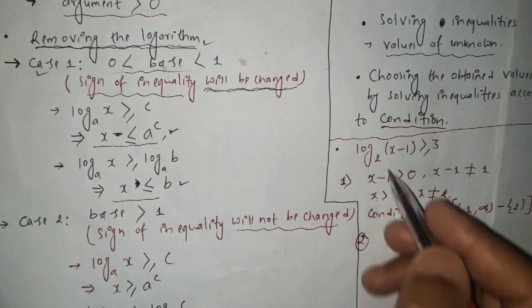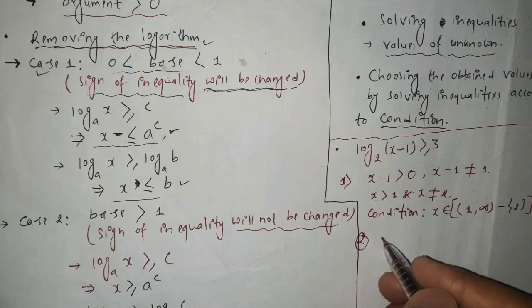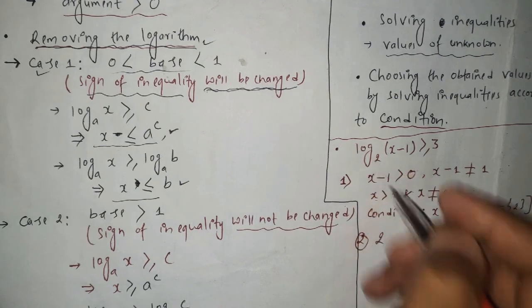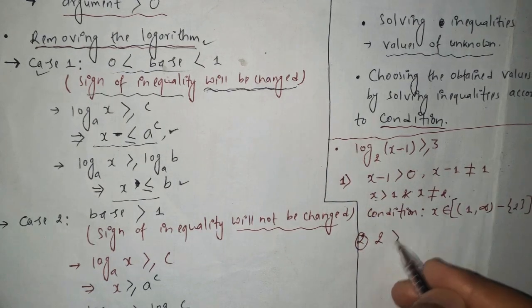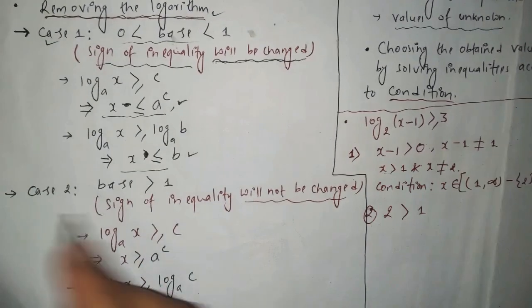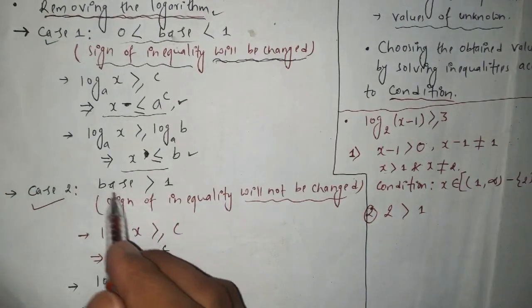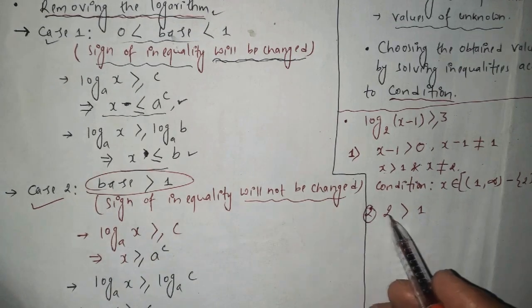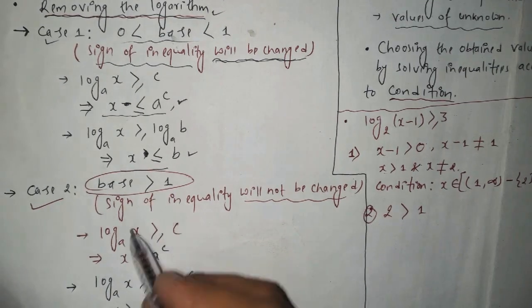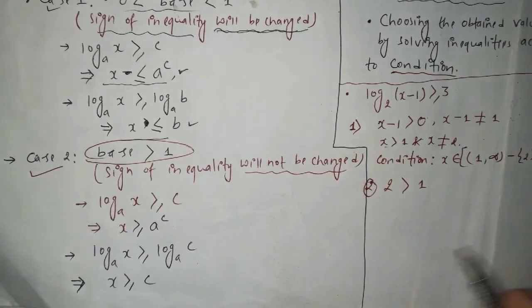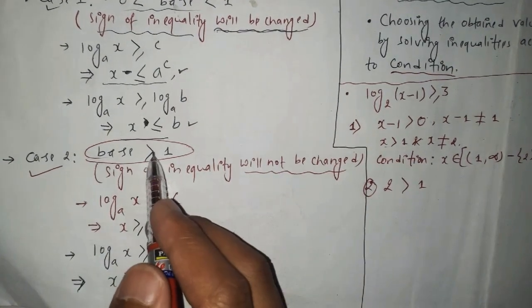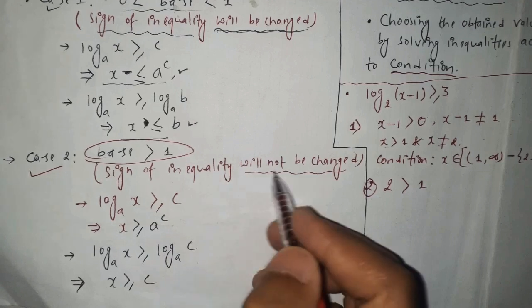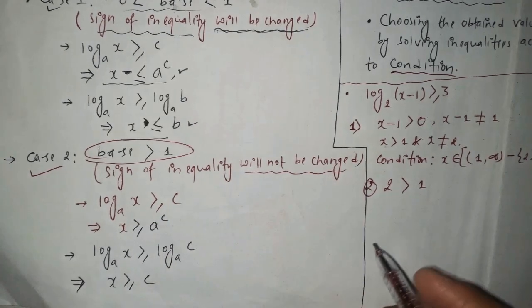Here the base of the logarithm is 2, which is greater than 1, so we take this case. When the base is greater than 1, the sign of the inequality will not change.